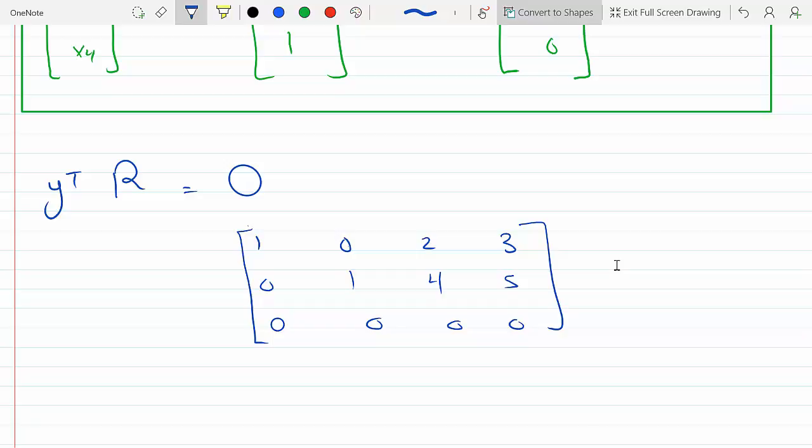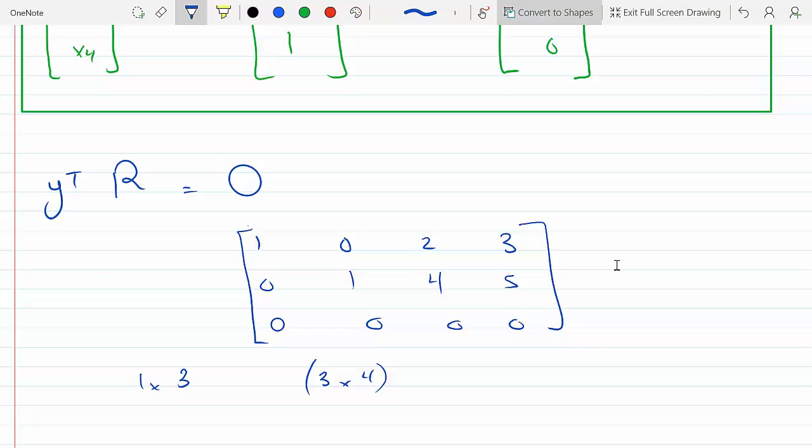Okay, so this is a what? This is a 3 by 4 matrix, which means y transpose, to be able to multiply this, has to be a 1 by 3. It has to have 3 columns, so there has to be 1 row, 3 columns.